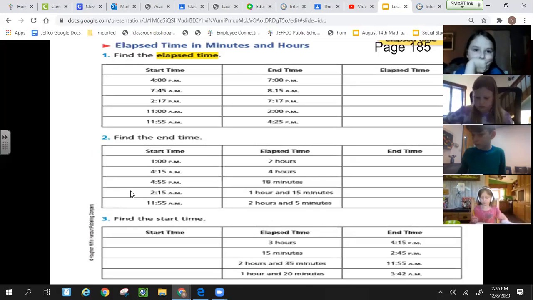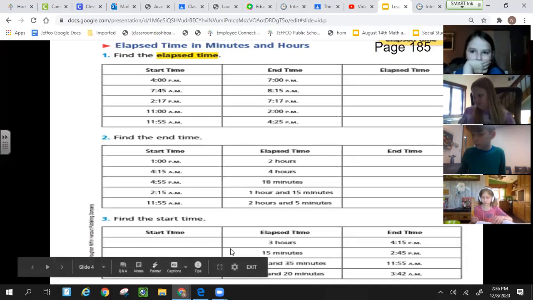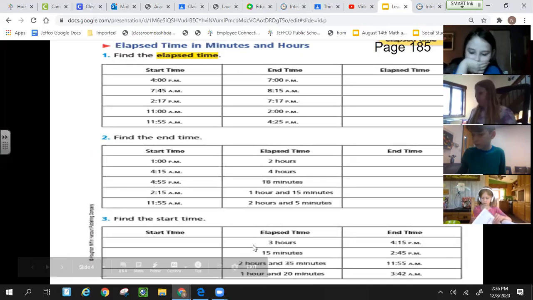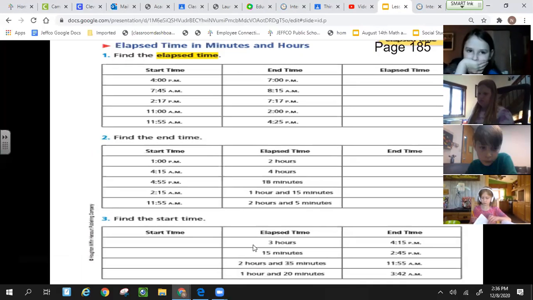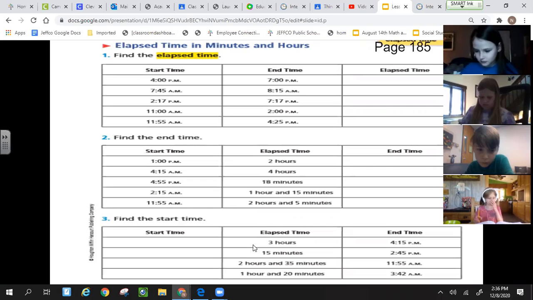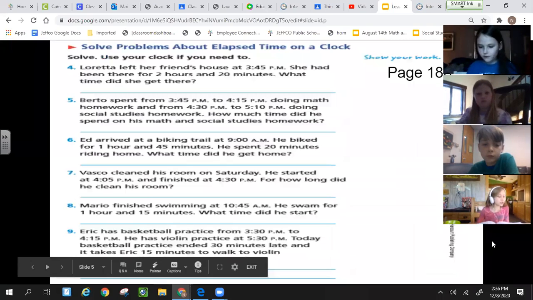That will be our elapsed time. So on page 185, we're going to look at number 1. From 4 o'clock to 7 o'clock, how many hours will have passed? That's our easiest one because we're just counting by hours. Anybody want to give it a shot?